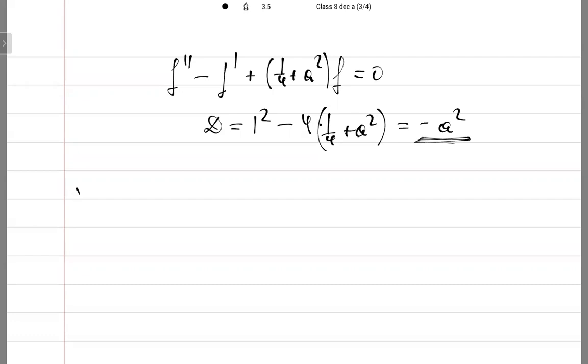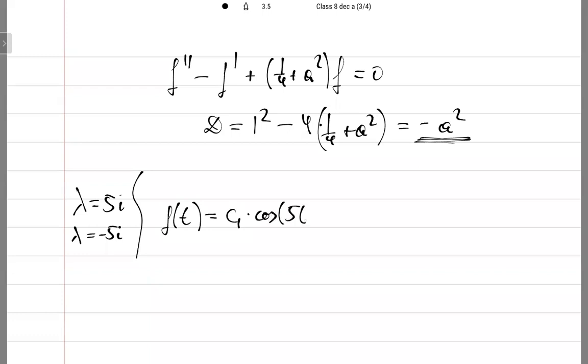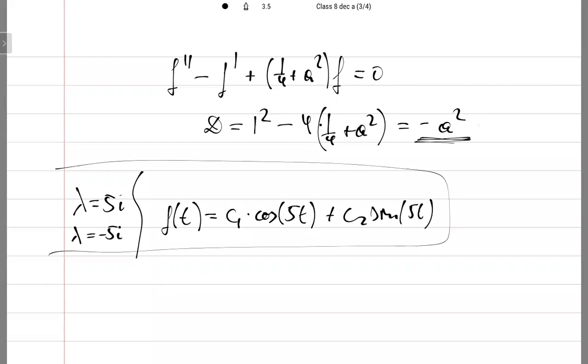If, for example, you have two roots, it's e to the real part, 5 and minus 5i. Use cosine and sine in front of it. In this case, you will have a solution f of t like c1 times cosine of 5t plus c2 sine of 5t. Okay, let's go on.